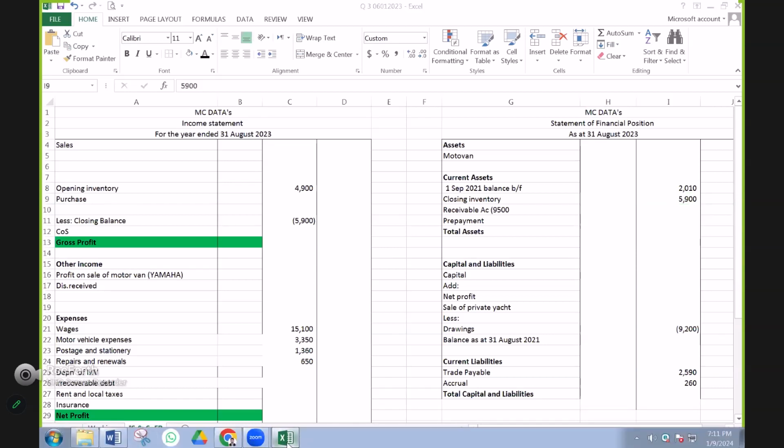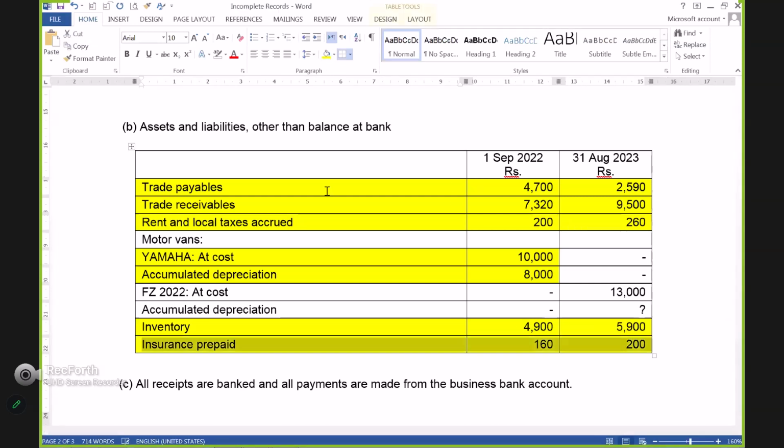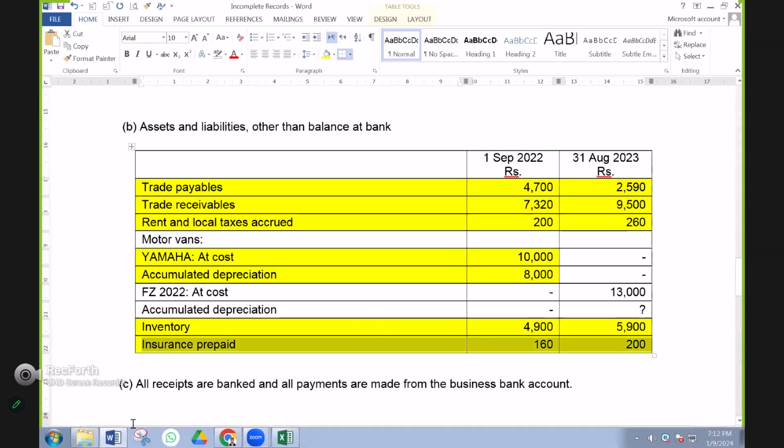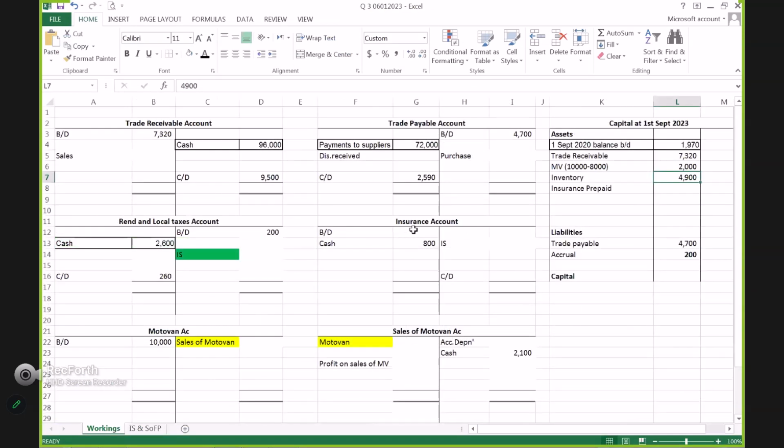What about the next one? Insurance prepaid. Insurance prepaid is an asset. So opening asset as well as closing asset. Therefore, in the insurance account in the ledger, insurance opening balance 160. At the same time, in the calculation of the capital, opening insurance prepaid 160. And also closing balance 200.